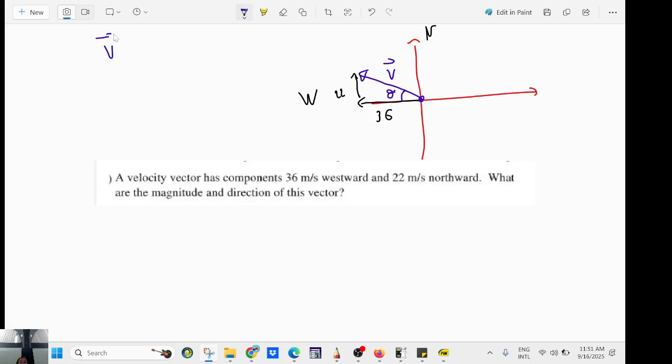So you can say 36 west, 22 north, or in the mathematical world, you would say minus 36, plus 22.